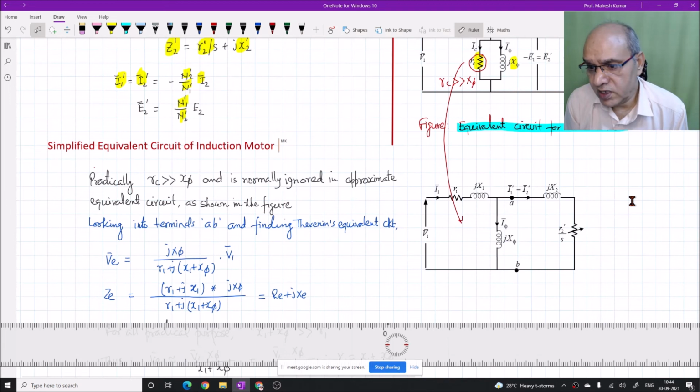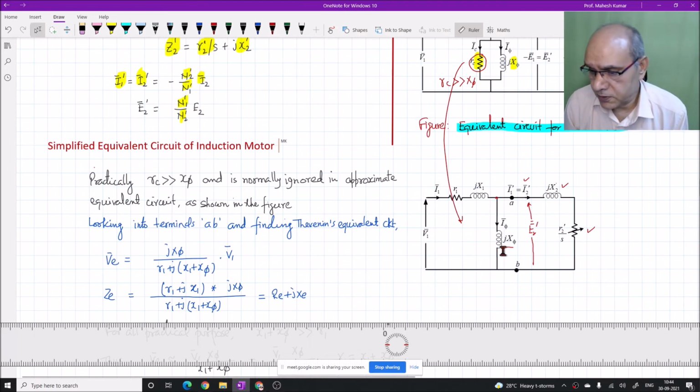So we have only jX phi here, and this is the rotor resistance, this is the reactance referred to the primary or stator, this is I2 dash, this is E2 dash here. Okay, and then there is an I1 current here and V1.